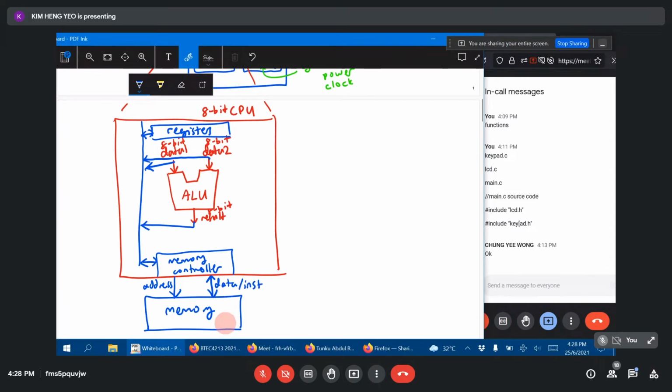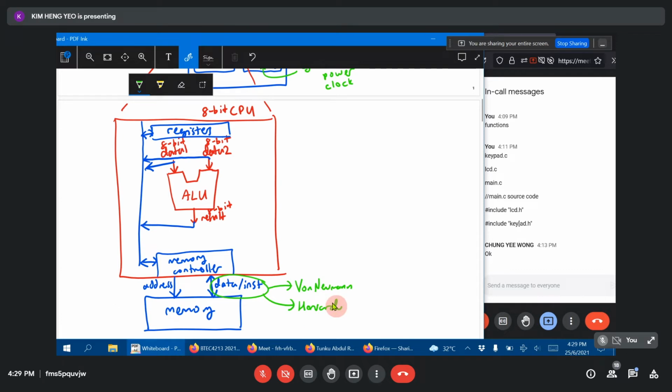instruction. Which brings us to two types of architecture: the von Neumann architecture and the Harvard architecture. What's the difference? Von Neumann architecture uses a single bus for data and instruction. That means you can only transfer data or transfer instruction at any one time, but not both. In Harvard architecture, you have two separate buses, two separate sets of wires, one set for data, one set for instruction.